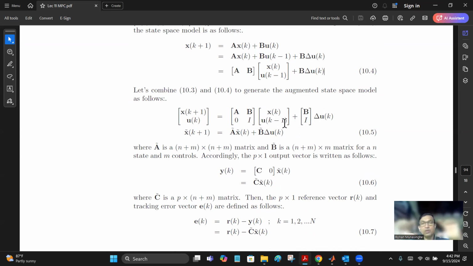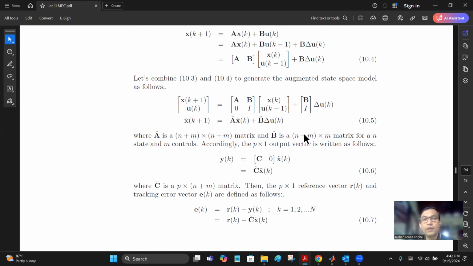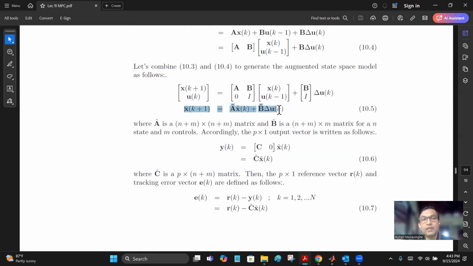So both of these equations are now combined together into the transferred state space model. We can briefly write it in this format: x tilde_{k+1} equals A tilde x tilde_k plus B tilde delta u_k. It's the same plant, but a different state space model. Okay.